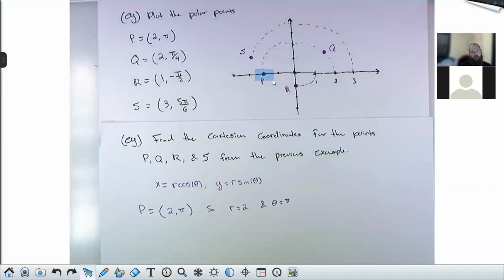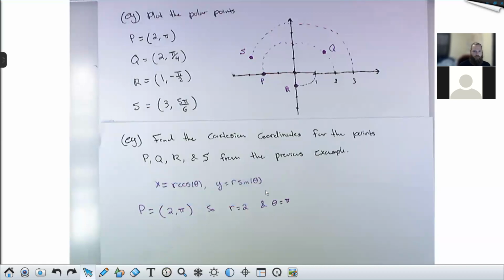What's the x value here at this point P? Almost. Yeah, -2, right? The x value is over here to the left, so it's -2. And the y value here? Yeah, it should be 0. All right, let's see if this works.